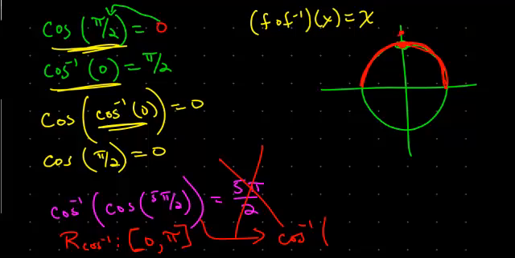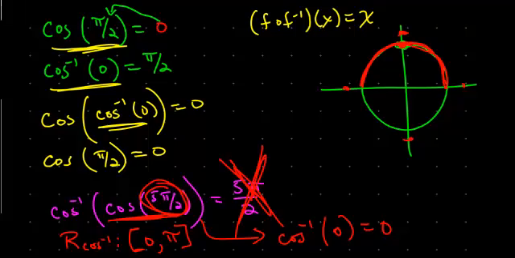Here's 1 pi over 2, 2, 3, 4, 5. So cosine is going to be 0. And so it's going to be the same as the one up there. The inverse cosine of 0 equals pi over 2. So you have to be careful and make sure that when the cosine is inside there, the output is still within the range of the inverse function if it's going to yield the identity function.